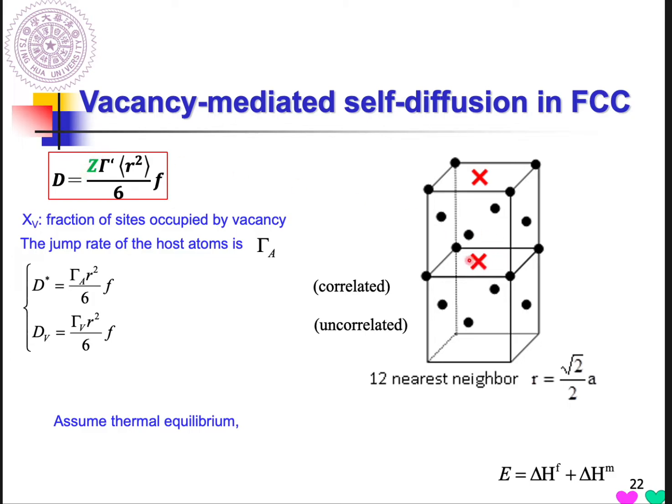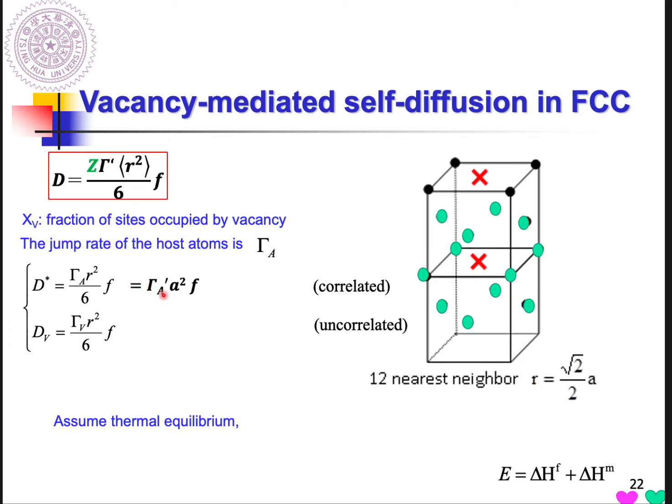For FCC, for this vacancy, how many nearest atoms are there? It would be 12, right? So you use z equals 12 and r equal to this, and substitute into this equation.